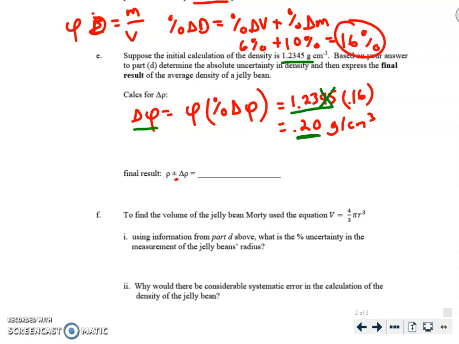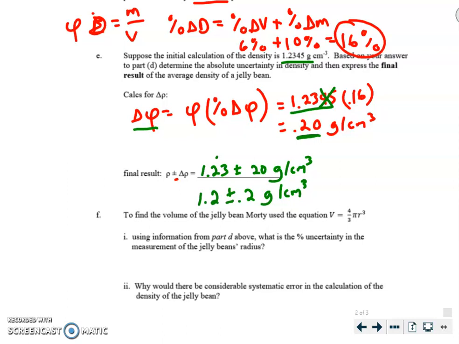In other words, we ignore that. So what I'd say is rho is 1.23 plus or minus the 0.20, and then don't forget your units. A number of you did forget your units. A lot of you did not round this properly. I would also accept, and which is technically better, 1.2 plus or minus 0.2 grams per cubic centimeter.